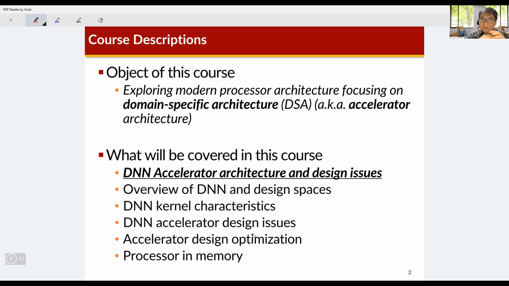So what is the most popular accelerator recently? The graphics processing unit, GPU. GPU is designed for graphics applications, and image processing and video processing applications. That means GPUs are specialized for computing image data, like pixel data. And as you know, in a digital image, one image frame is composed of a large number of pixels.